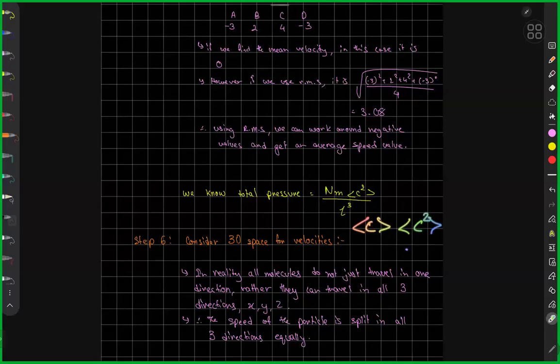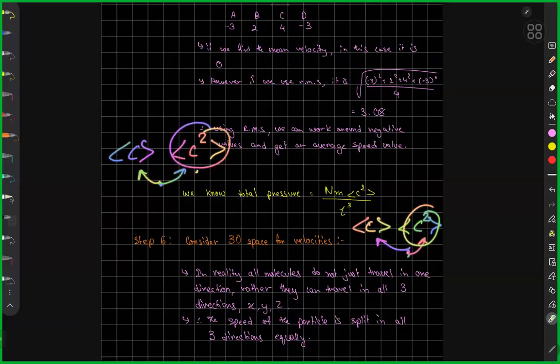Which one is root mean square over here? This. Don't get confused. Which one is speed square value, mean square value? This. C square. That is not 3. Okay. Which one is root mean square? This one. Which one is mean speed square value? This one. Don't get confused.